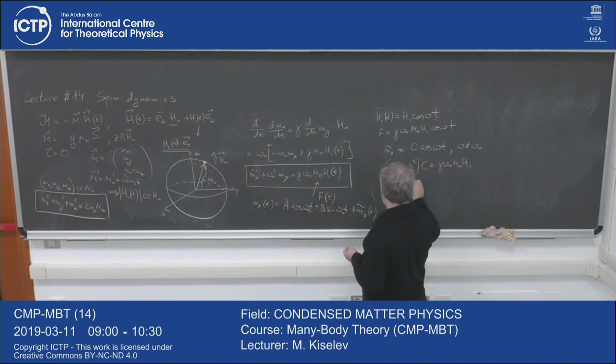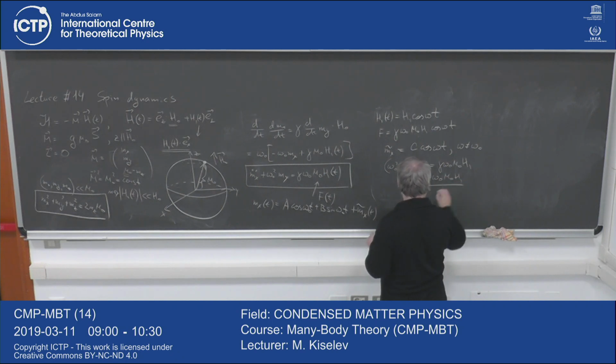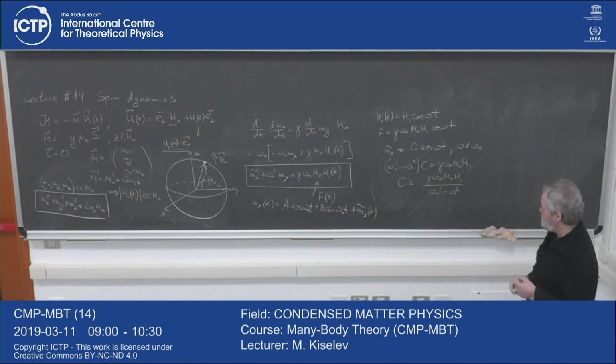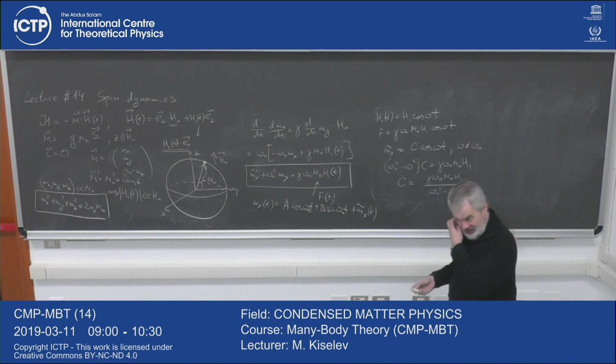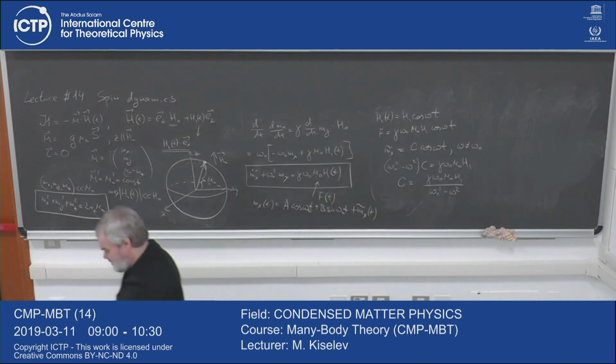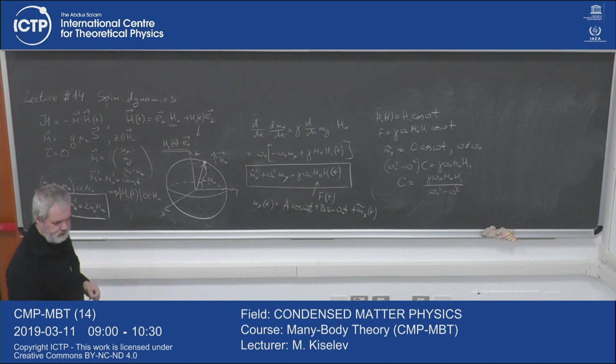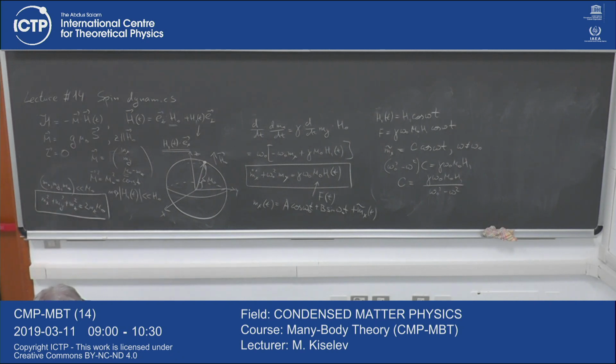So therefore the constant c is equal to gamma omega naught m naught h1 divided by omega naught square minus omega square. So this is the general solution of the non-homogeneous differential equation, and then, as I said, assuming certain initial conditions, you will identify the constants a and b, and therefore find the solution of your given problem with initial conditions. Okay?